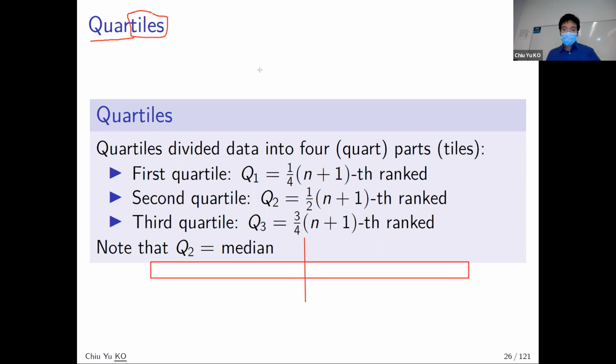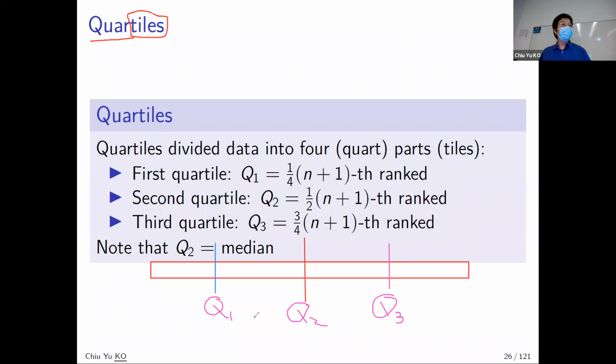And if I look at the first part and take the median again, and I do the same for the other part, then another median again. Because it's 4 parts, this one we will call Q1, this is Q2, this is Q3, okay?